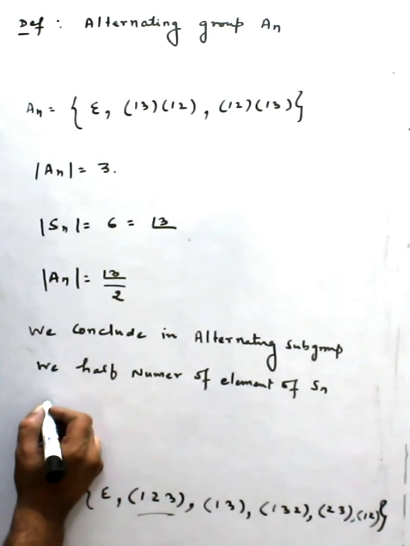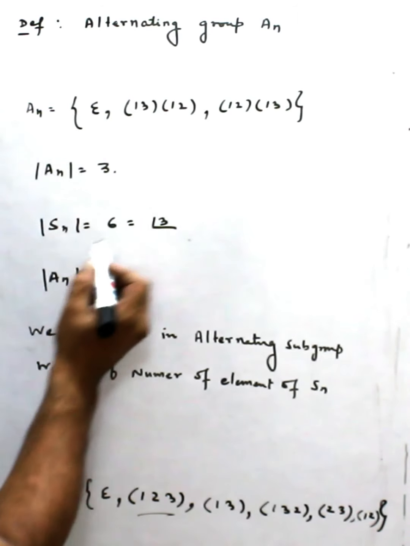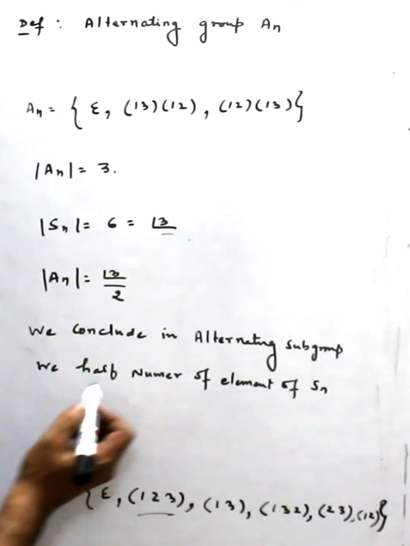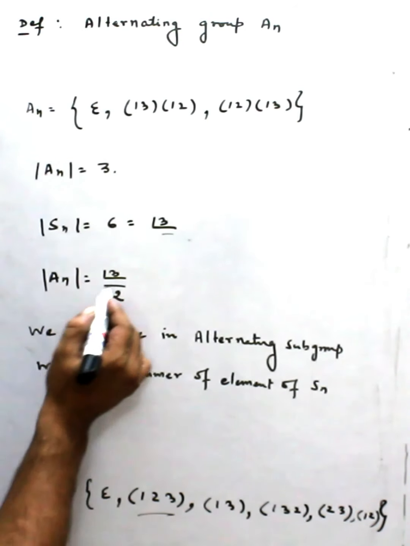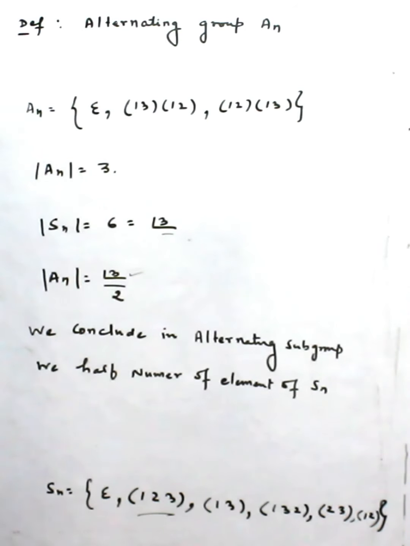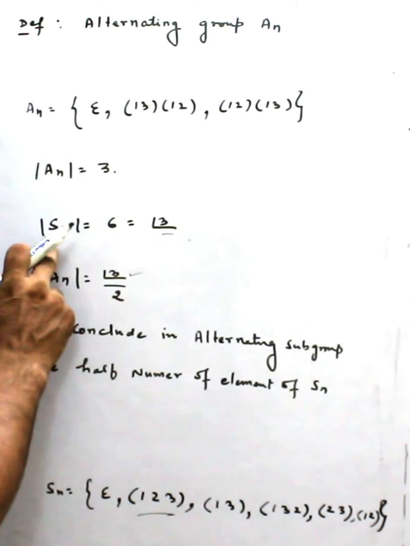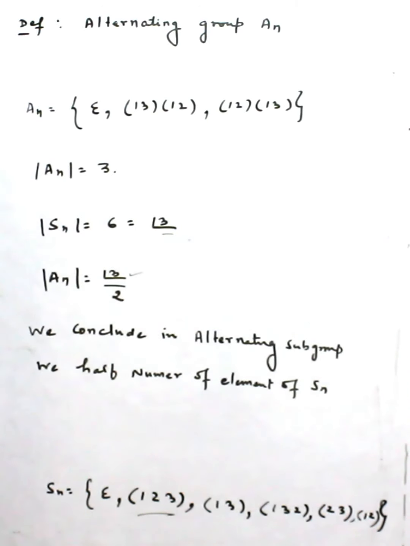In Sn, n factorial, this is, and in An, half the factorial, half of Sn, right? So this is the number of elements, right?